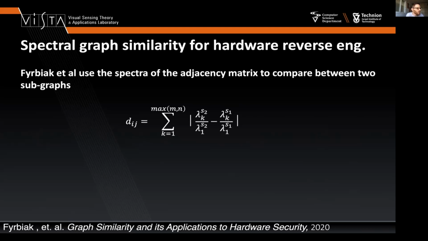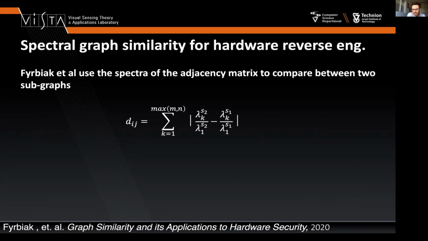At the end they also compare it to different approximate isomorphism algorithms in the literature. They defined a spectral descriptor that is based just on the eigenvalues of the adjacency matrices.